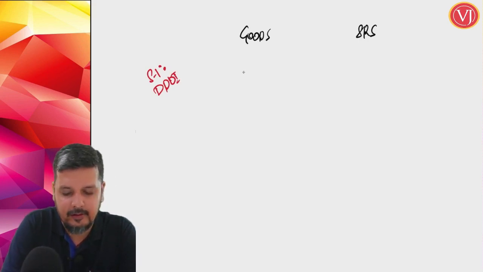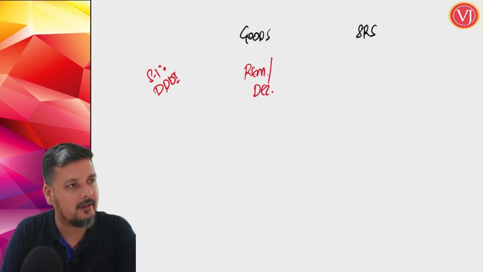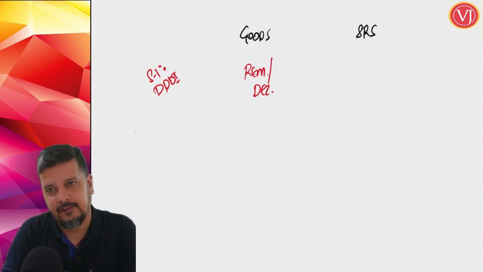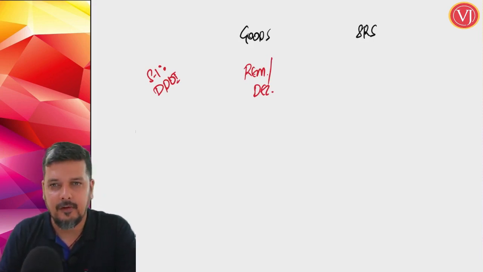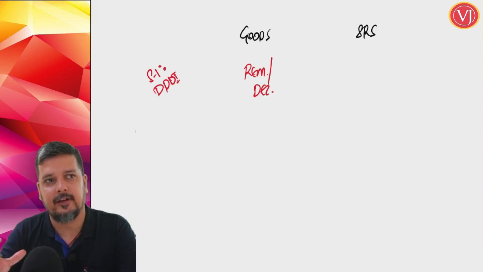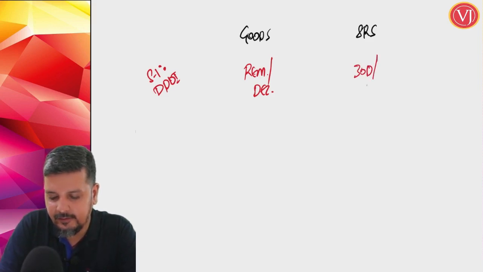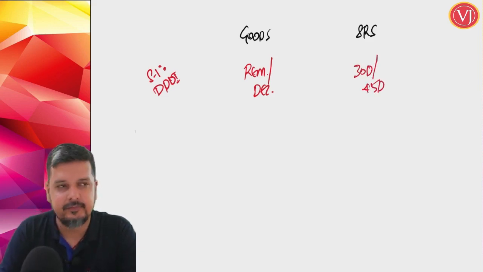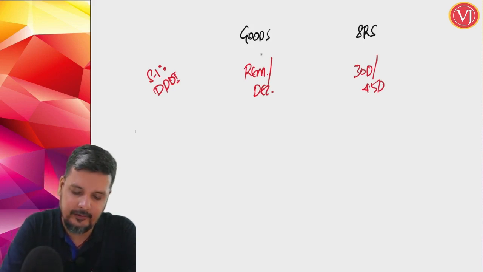For goods, it is on or before removal or on or before delivery. If there is removal, on or before removal. If there is no removal, on or before delivery. Constructed delivery, when effectively ownership is given. For service sector, normally 30 days. Banking sector or insurance sector, 45 days. That is step number 1.